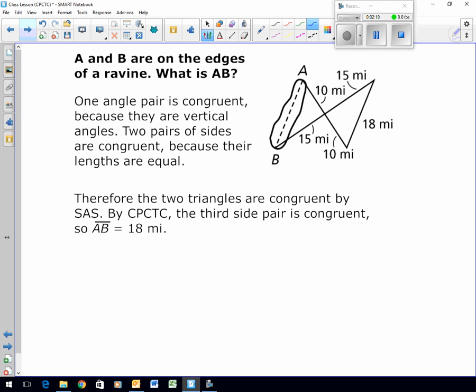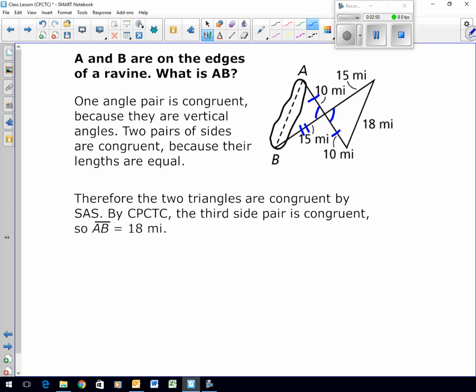You now recognize, hopefully after doing this for a couple of weeks, that this angle and this angle are going to be congruent because they are vertical angles. It says 2 pairs of sides are congruent. It doesn't give me tick marks; instead, it gives me the measurements. Is 10 equal to 10? Yes, so I put my tick mark. Is 15 equal to 15?